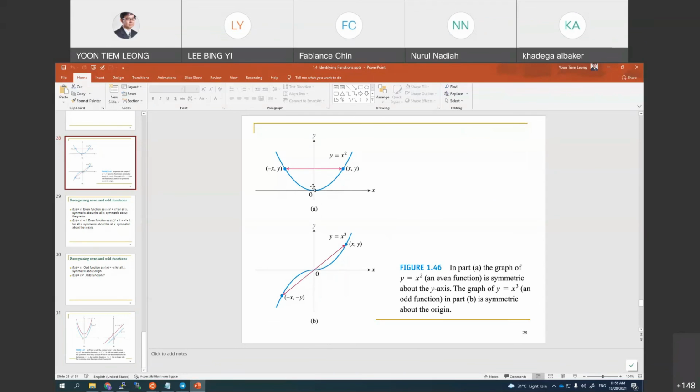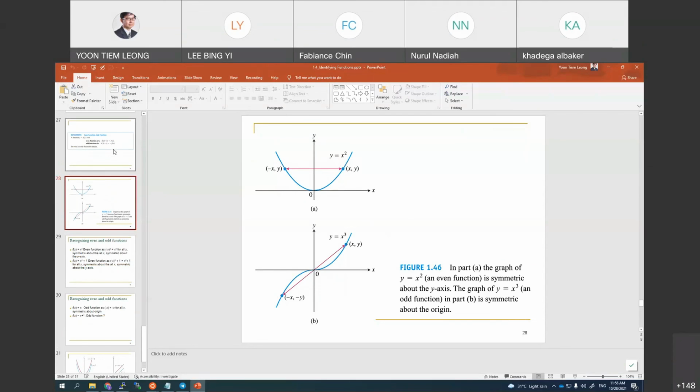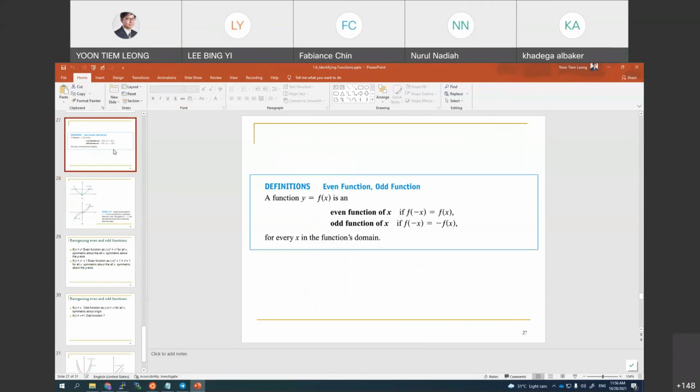So an even function is symmetric with respect to reflections about the y-axis. Whereas an odd function has a symmetry with respect to the reflection of the function about the origin point. Okay. But anyway, this is the definition of an even function and an odd function.